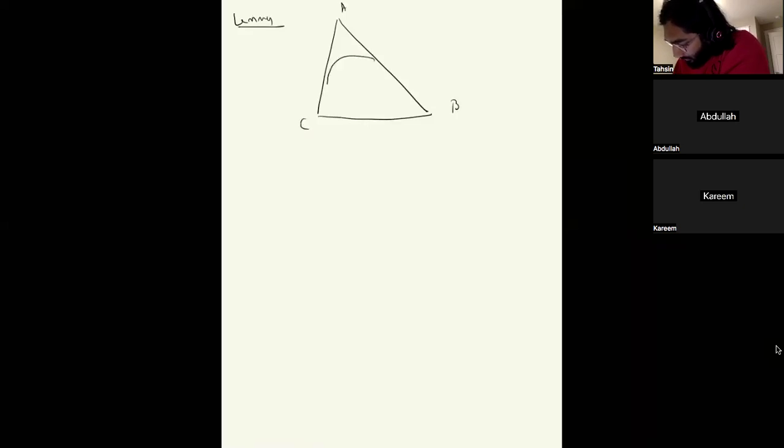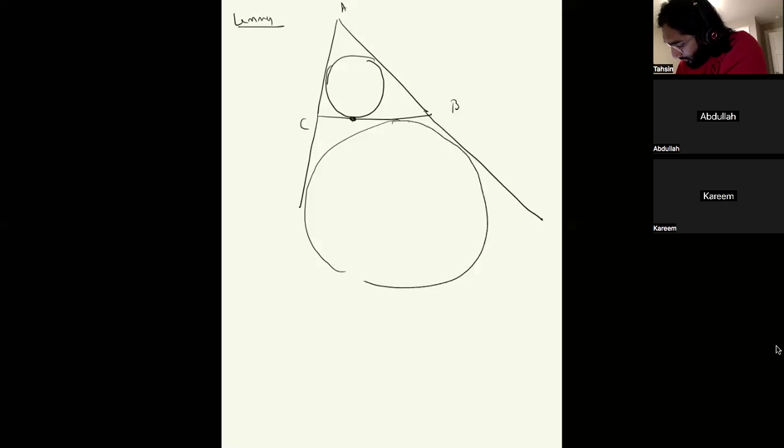If I draw the incircle and if I draw the excircle, and I look at the tangency points, so this is D and this is X, then CD equals BX. So this is the claim.